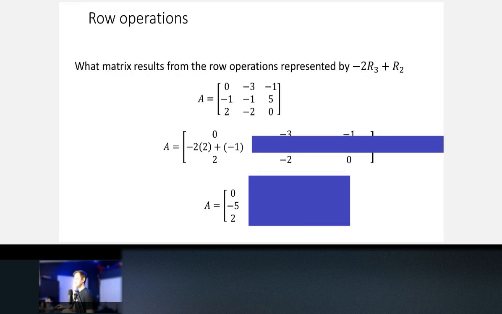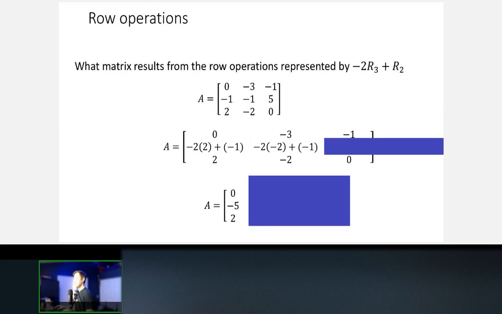And then we are doing -2 times -2 is +4. +4 plus -1 is +3.